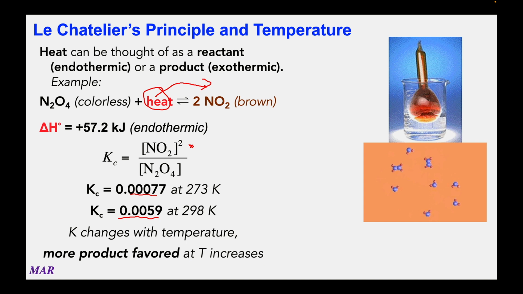Notice how the flask got a lot darker, a lot more brown as you took away the ice. So you're heating it up. The reaction is going to shift to the side opposite the heat. You're going to see more NO2, more brown, than the colorless N2O4. So the flask certainly gets more brown as you heat it up, because the heat is being added. The reaction gets away from what you add. It's going to make more product, and product has NO2, the brown stuff.